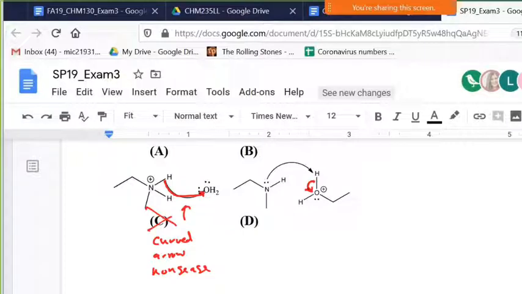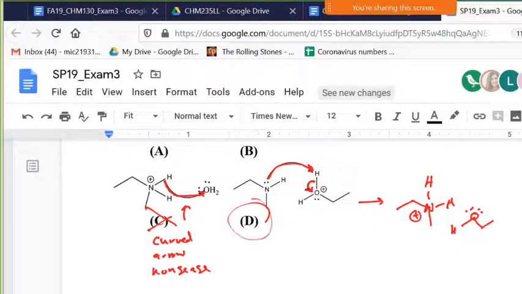The electrons would flow towards that positive, so that arrow makes sense, but then I'd have hydrogen floating around on its own, so the nitrogen donates its electrons. Those arrows look reasonable. If we draw out the results, nitrogen, we'd be forming a positive charge, also valid, and in this case we end up not forming a negative, we would just have a neutral oxygen. That's also okay. So the best answer out of all those choices is D.